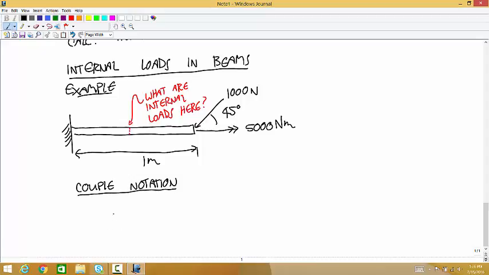So if that's a body and you have a force this way and a force this way, those produce a moment. In this case, that moment would be counterclockwise, right? And so according to the right-hand rule, what's the direction of that moment?